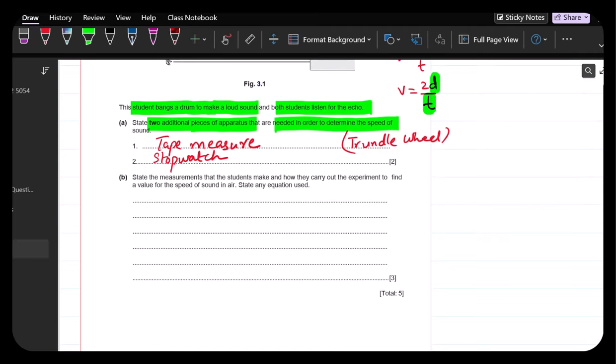State the measurements that students make and how they carry out the experiment to find the value for the speed of sound, and state any equation used.